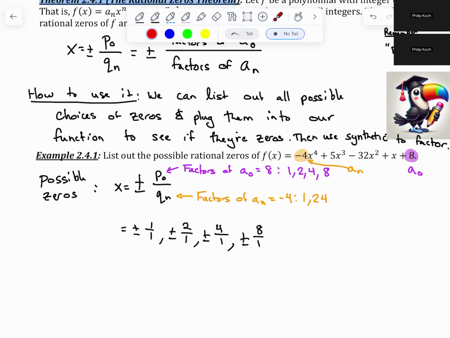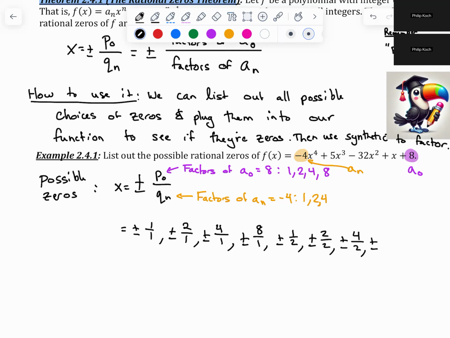It says 24. There's a missing comma there. And then plus or minus 1/2, plus or minus 2/2, plus or minus 4/2, plus or minus 8/2.